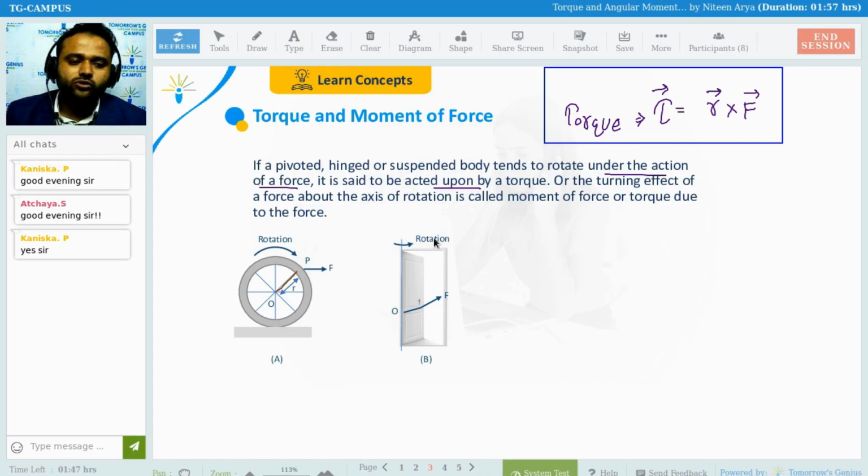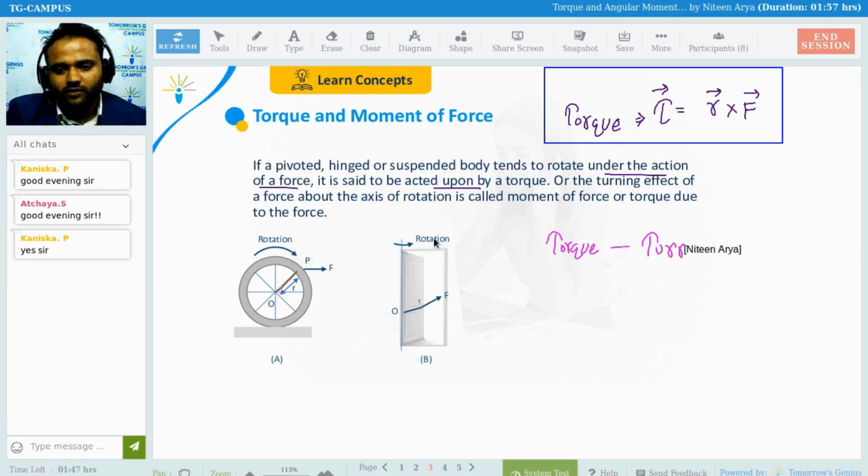You can see easily, whenever we open or close the door, that particular door is going to rotate. Half circle it is going to be done. So that half circle is basically what it is, torque. So turning effect of force, you can understand very easily, or you can say the more physical meaning of this torque. Torque is nothing but turning effect of force.